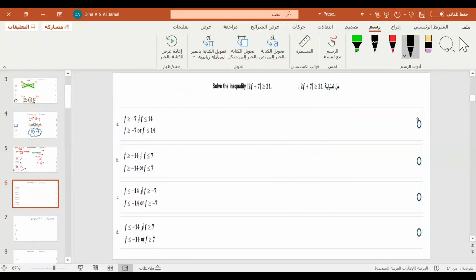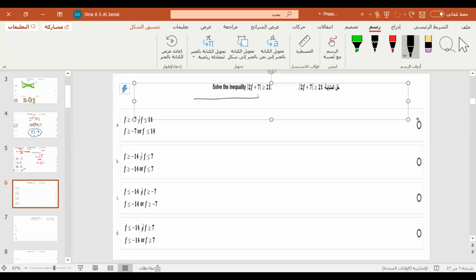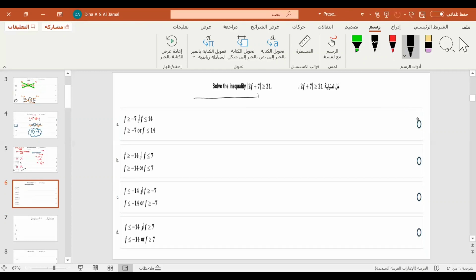Now let's solve the inequality that's involving absolute value property. So whenever you are having absolute value in the inequality, you will be having 2 cases. Case 1 and case 2.